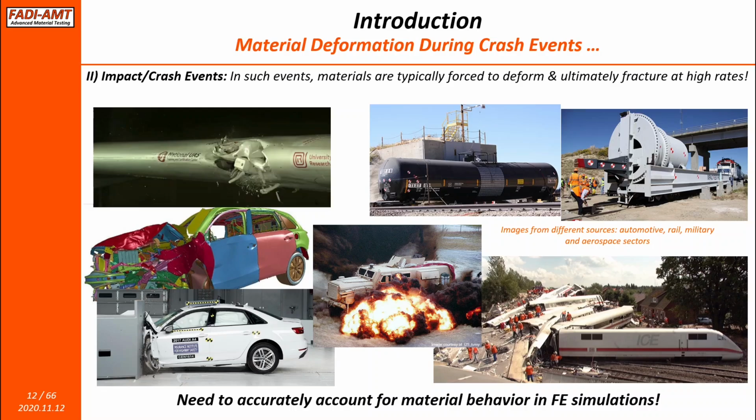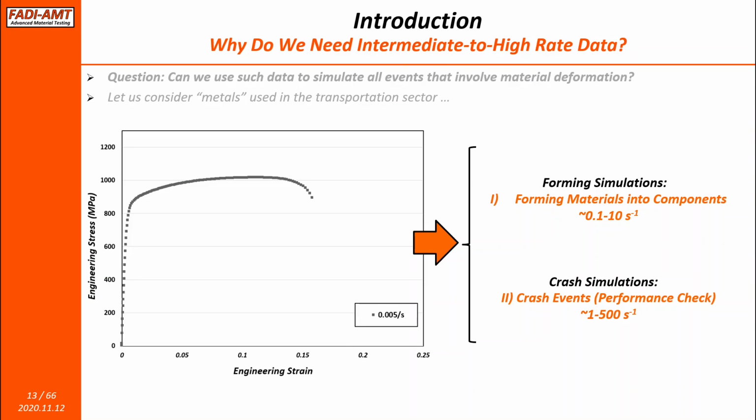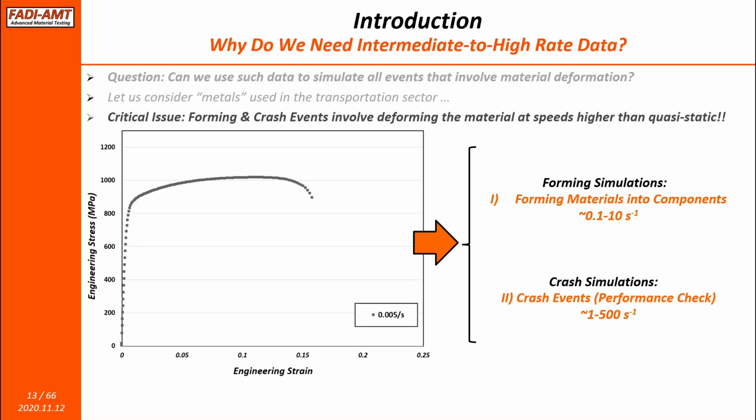So obviously, in order to accurately simulate such events, whether it's forming or crash, we need to accurately account for material behavior. Therefore, we have to address this issue. We need data at speeds that represent the strain rates that are seen by the material under forming and crash simulations.